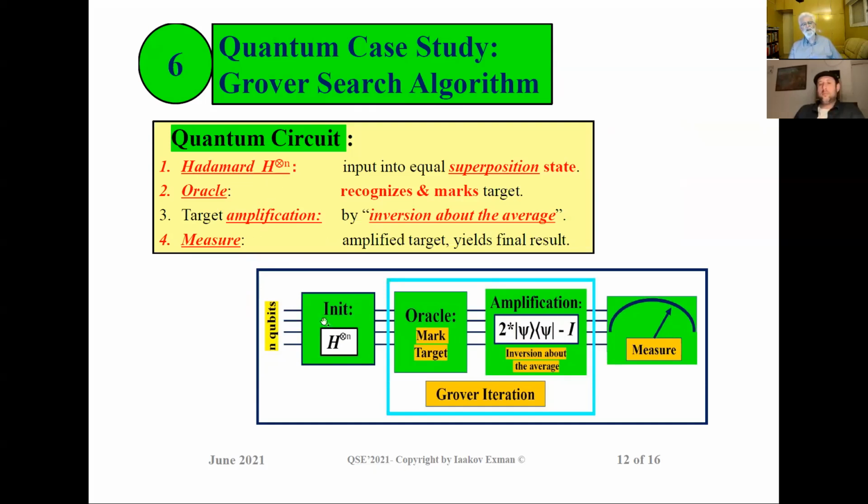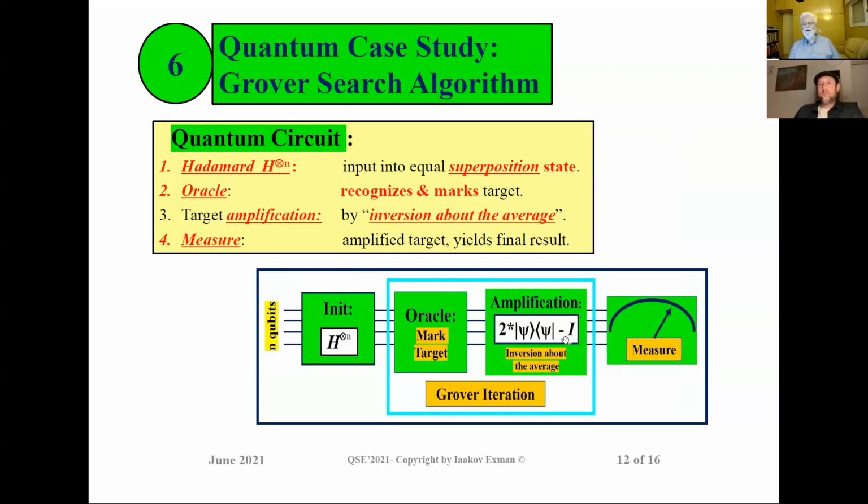For instance, the initialization contains the Hadamard to the power of tensor n, which takes the input into an equal superposition state. The oracle recognizes and marks the target. The target amplification causes exactly the expected amplification by inversion about the average.